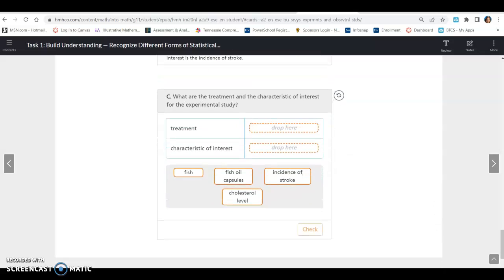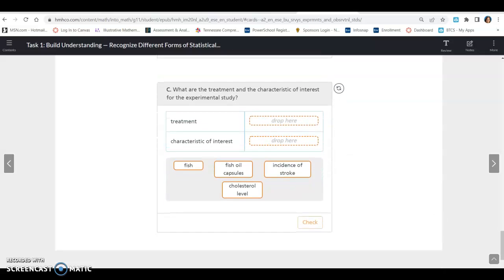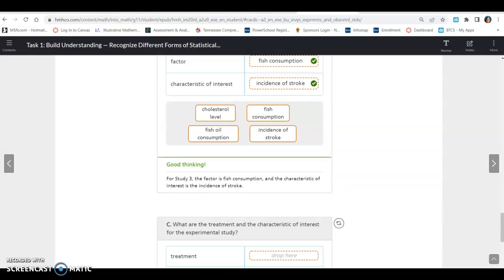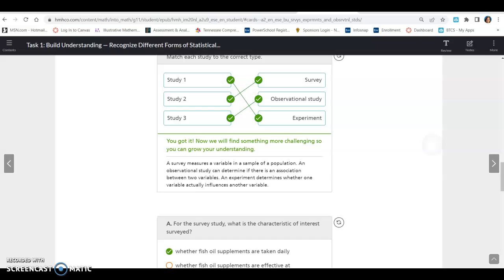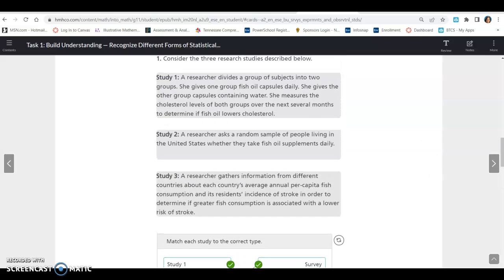All right, and the last one, what are the treatment and the characteristic of interest for the experimental study? If we go back to the experimental study, that is study 1. A researcher divides a group of subjects into 2 groups. She gives one fish oil capsules and the other one water.